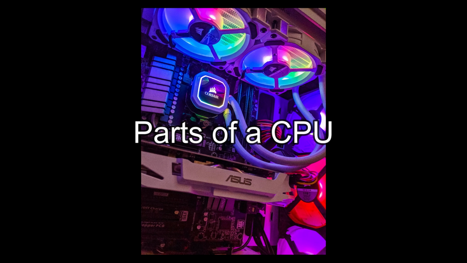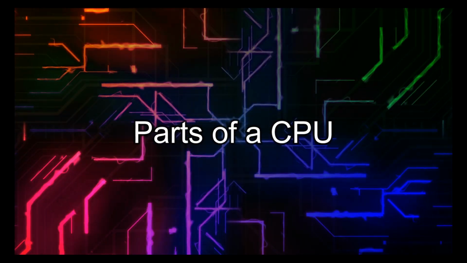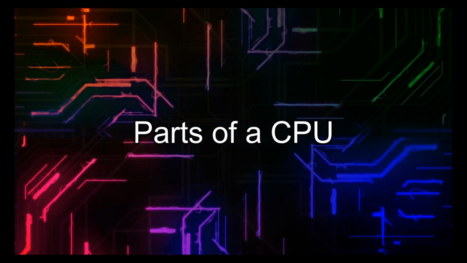Parts of the central processing unit. One of the primary parts of the CPU is the control unit, which is responsible for managing the execution of instructions inside the processor. Another significant part is the arithmetic logic unit, which is responsible for performing math and logical activities.